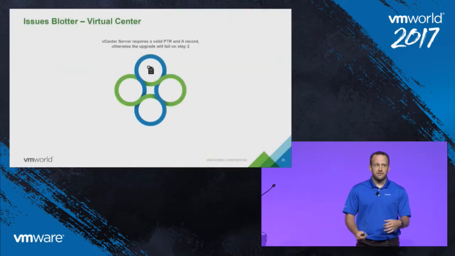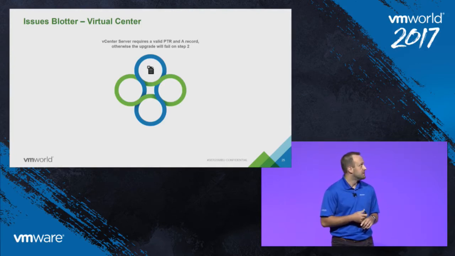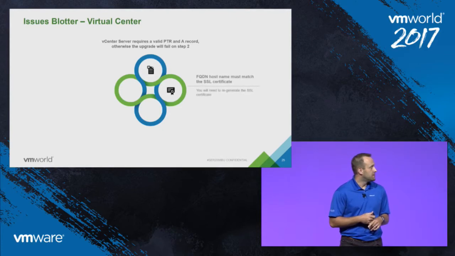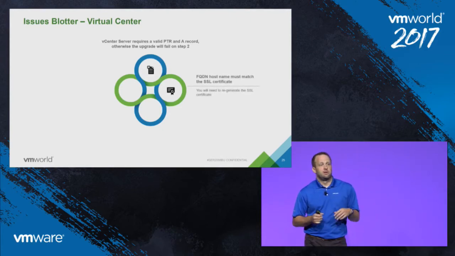So as I said earlier, with vCenter in 6.5 it's extremely important that you have a reverse DNS lookup so that it can go find itself on the network, especially if you're going to be doing the upgrades. Those of you coming from a Windows Virtual Center, Windows is not case sensitive.